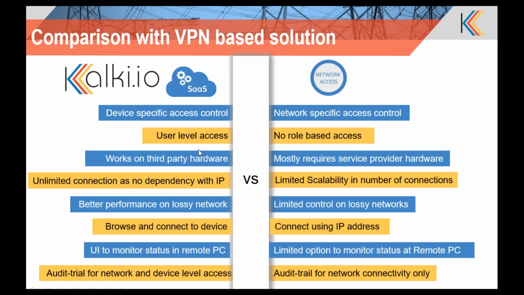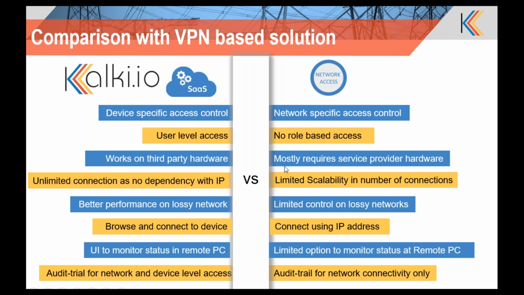There are hierarchical roles and identities which can be built in Kalki.io, where these hierarchical roles can be based upon the organizational level: on the top level you can access all the devices in the network, and at the bottom you can separate the access to different locations for different groups or teams, and only that team will have access to those devices. Those kinds of controls can be built using the Kalki.io service, and with a VPN as a service that will not be available.